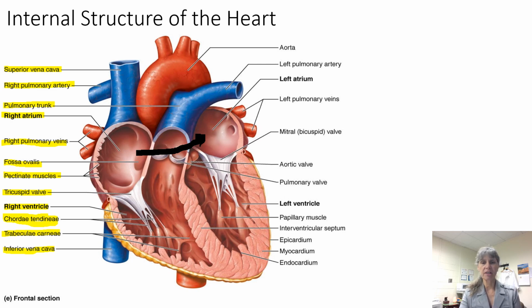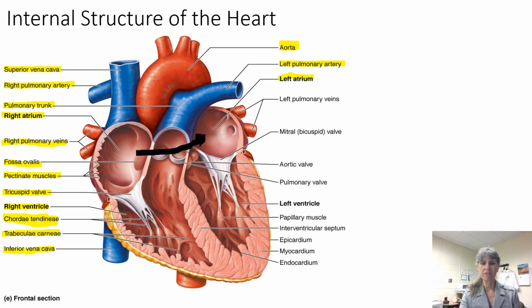When we go to the left side, we see the aorta. Remember, there's an ascending area, an arch, and a descending area. We have our left pulmonary artery taking oxygen poor blood to the lungs. We have the left atrium.